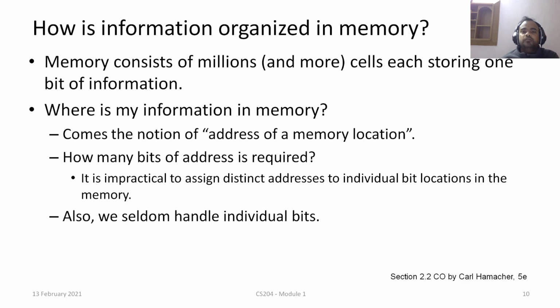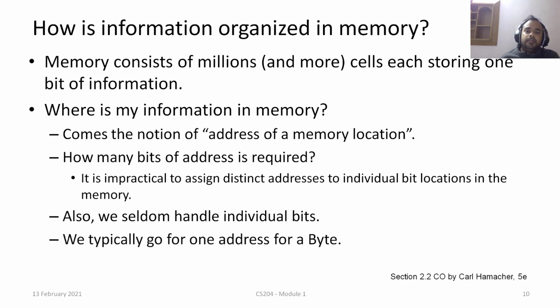We use a group of bits. One of the common policies we follow when building a computer would be to make the memory byte addressable. It means that for a group of 8 bits, we have one unique address. This is also called byte addressable memory.